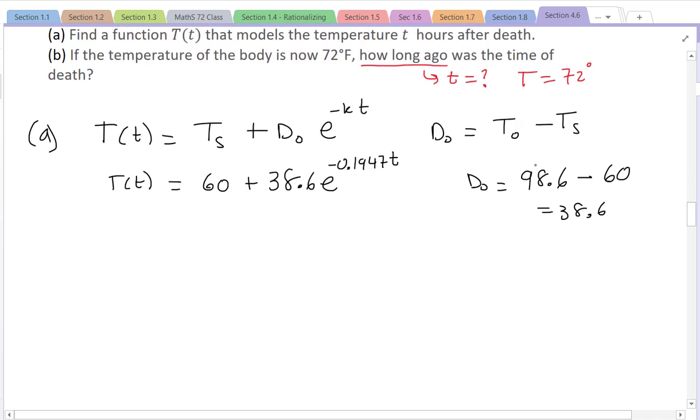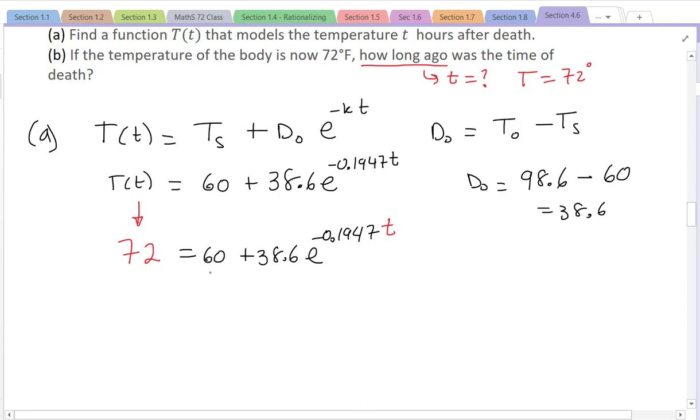This was nice because we were given the K, so we don't have to do the extra work of finding it. We're just going to say 72, the temperature when the object was found, is equal to 60 plus 38.6 e to the minus 0.1947 t. We're looking for t.